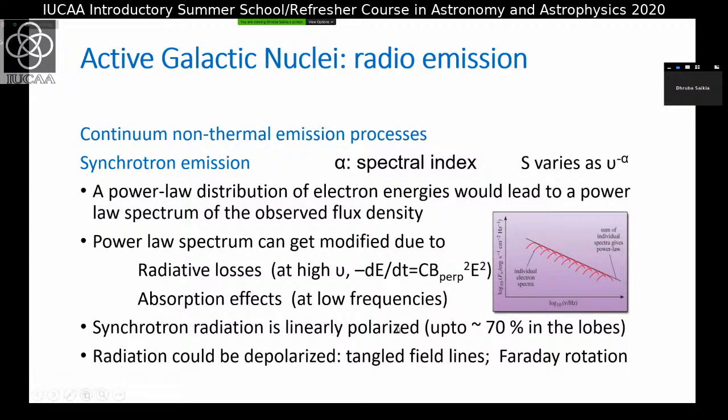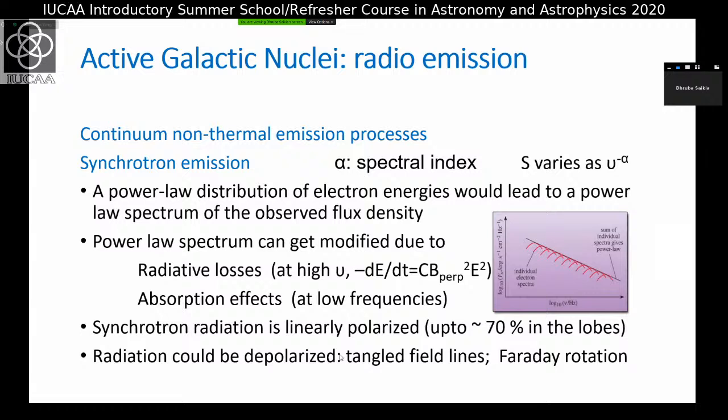And as we discussed yesterday, synchrotron radiation is linearly polarized. It's seen to be up to about 70% polarized in the lobes, but the radiation can be depolarized. For example, if the field lines are uniform, you'll get a high degree of polarization. But if the field lines are completely tangled up, then polarization will drop.